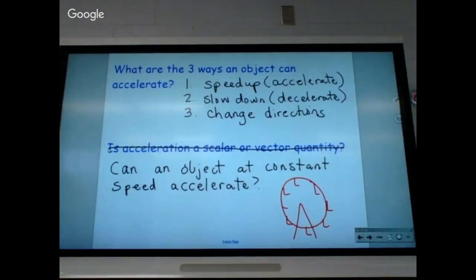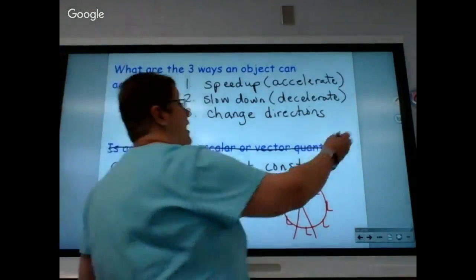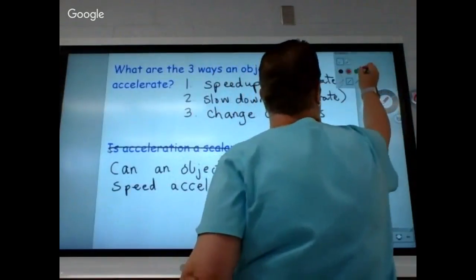Will it go at constant speed? Yes. No. A Ferris wheel goes at a constant speed. It will eventually reach constant speed. Once it gets going, it will reach and achieve constant speed. But will it accelerate? Yes, because of time. Thank you, Jacob. The answer is yes.